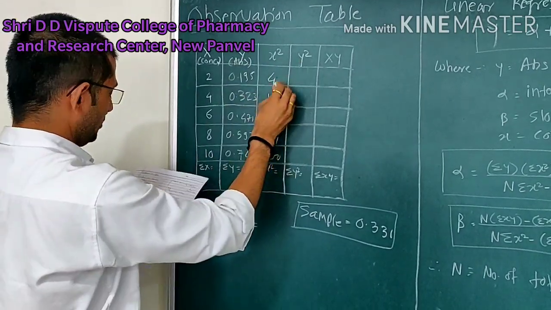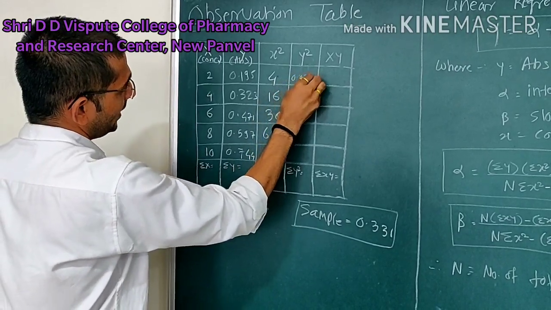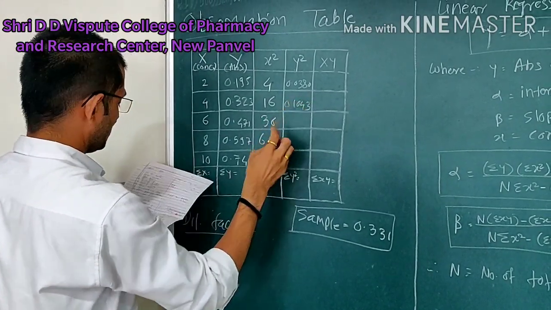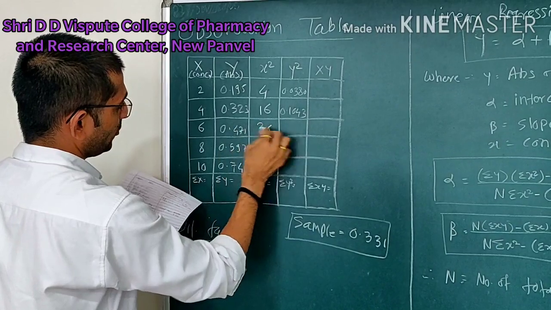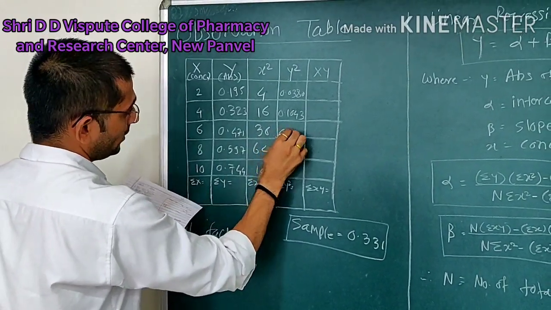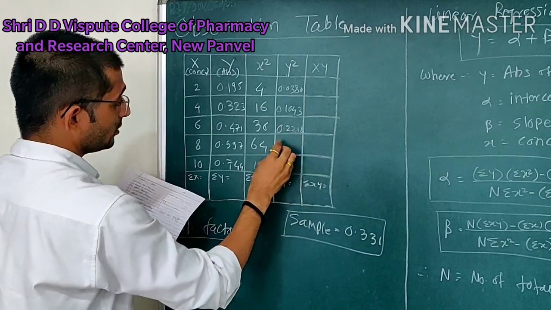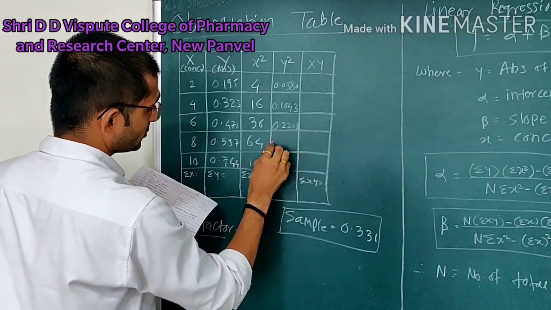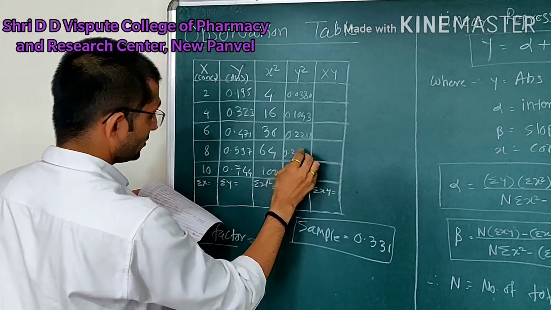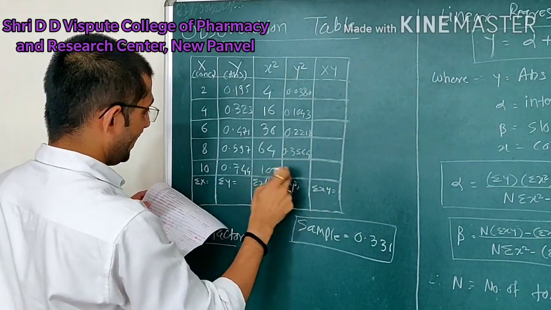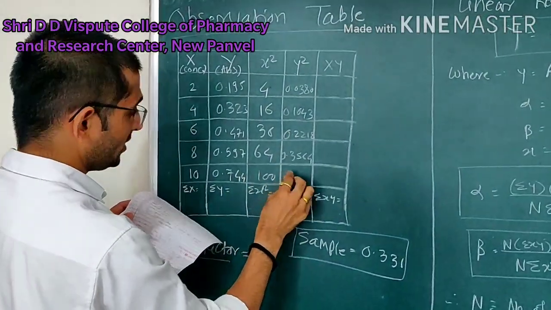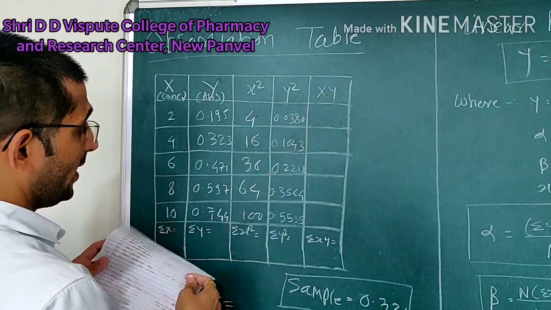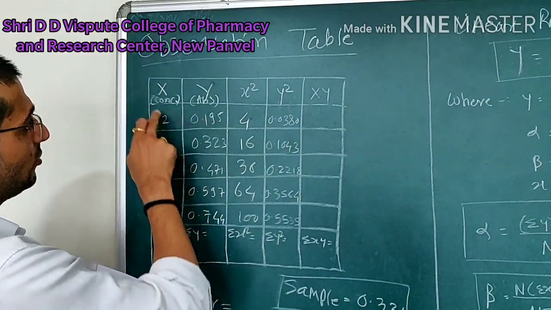Y square: 0.0380, 0.1043, 0.471 square is 0.2218, then 0.597 square is 0.3564, and 0.744 y square is 0.5535.